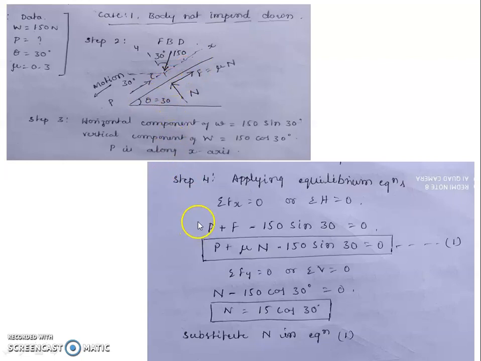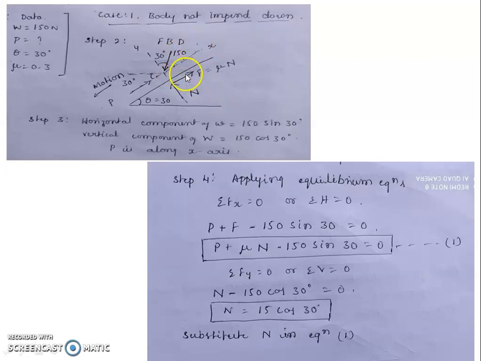Now what are the horizontal forces, the forces acting in x direction? One is P acting towards the right side, hence it is positive. Since the block is sliding downwards, my friction will be generated opposite to the motion of the block. It is upwards like this, hence it is also positive.